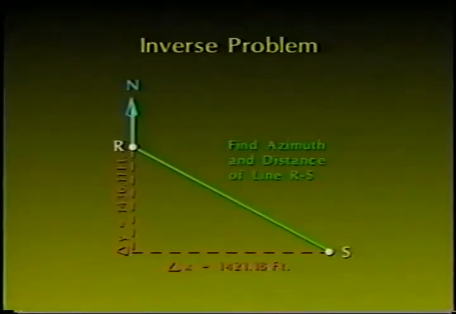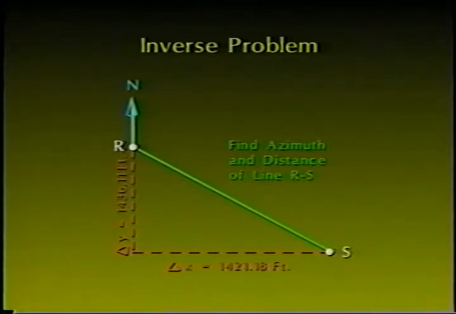Before leaving latitudes and departures, or delta y and delta x, as I like to call them, let's do an inverse problem. From the data shown on this graphic, we want to solve for the missing information for line RS. To calculate the azimuth and length of line RS, use delta y equals minus 1,436.11 feet and delta x equals 1,421.18 feet.